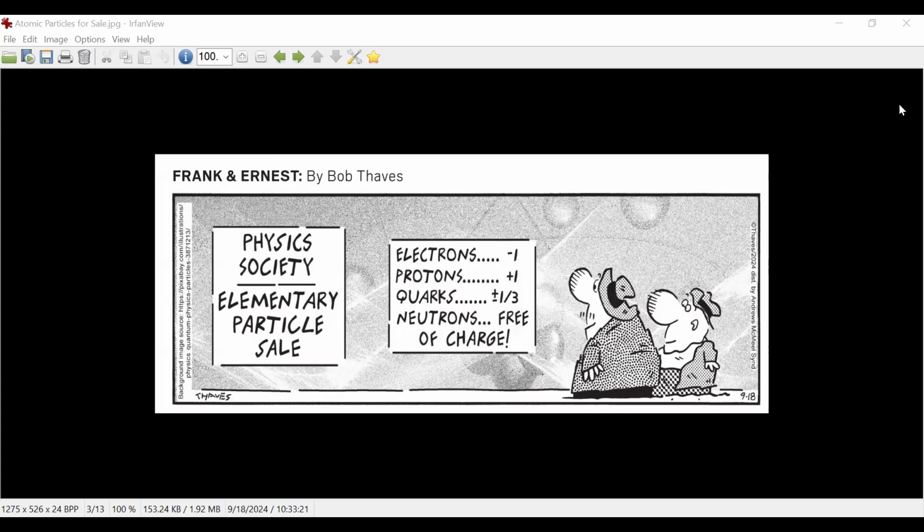Okay. If I'm screen sharing, why am I showing up here? And the thing I'm trying to share is, yeah. You're showing the Frank and Ernest. Okay, that's okay.